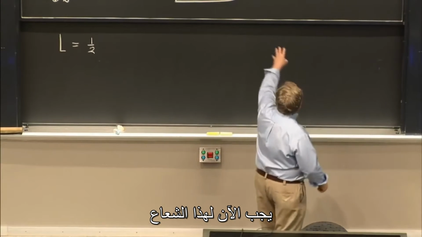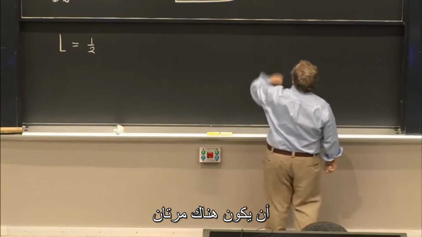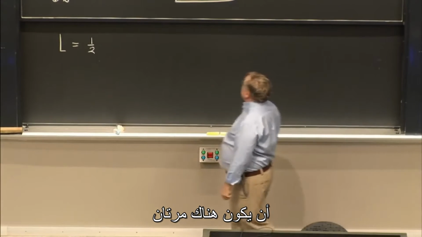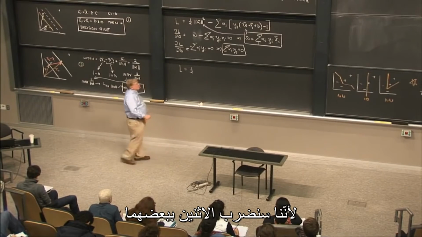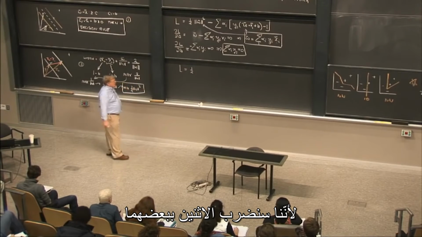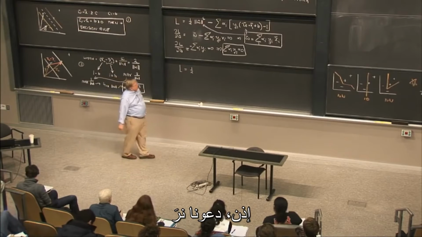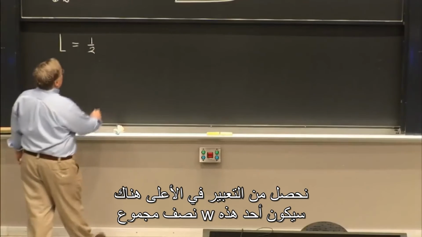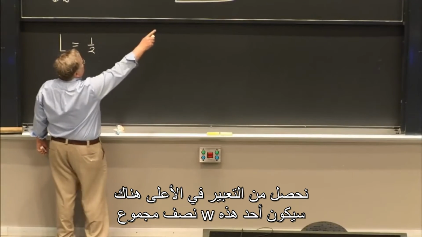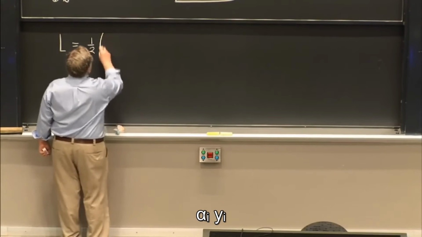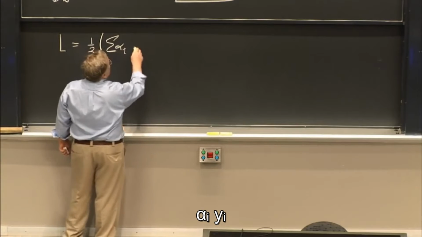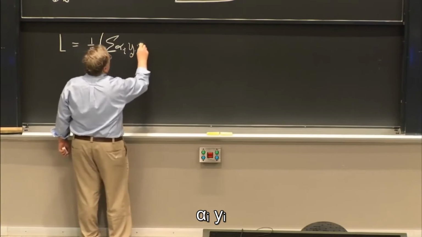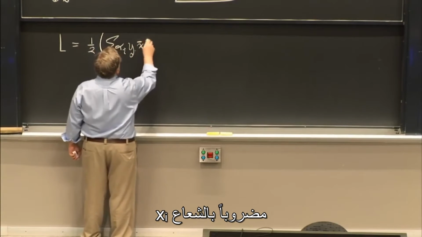We got to have this vector here in there twice, right, because we're multiplying it together. So let's see. We've got from that expression up there, one of those W's will just be the sum of the alpha I times the Y sub I times the vector X sub I.